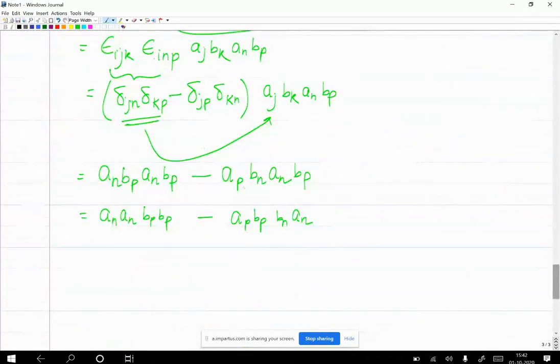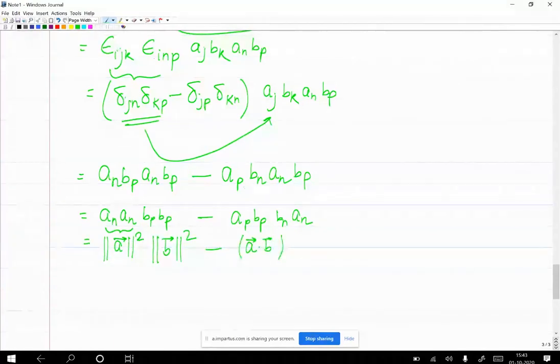If you want to go further back, you can see that AN AN is magnitude of vector A square, BP BP is magnitude of vector B square, minus AP BP is A dot B, and BN AN is also A dot B. Okay, so this is what you had also earlier.